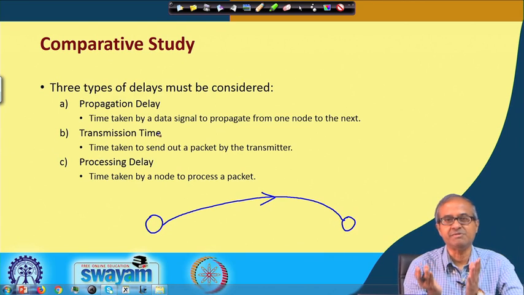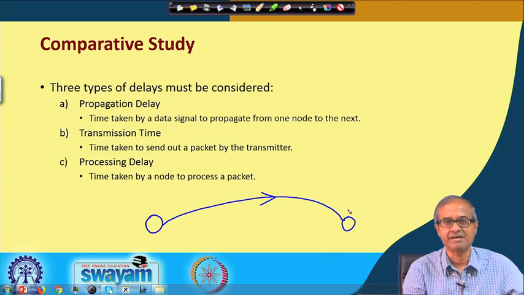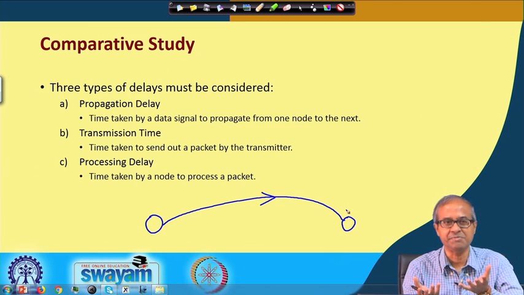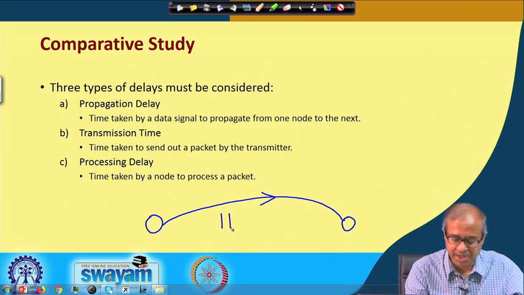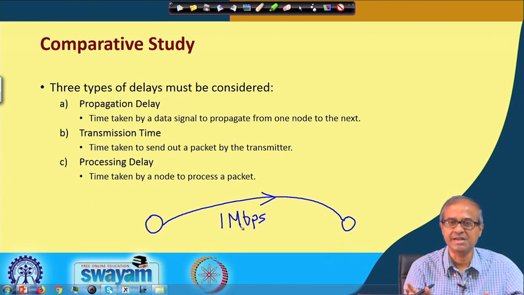But transmission time is different. Transmission time depends on the bandwidth of the link. Well, you know that links are categorized by the speeds kilobits per second, megabits per second, gigabits per second. Suppose it is a 1 megabit per second link, 1 Mbps. So, 1 million bits can be sent per second. So, if there are 1000 bits you are trying to send, so here how much time will it take?